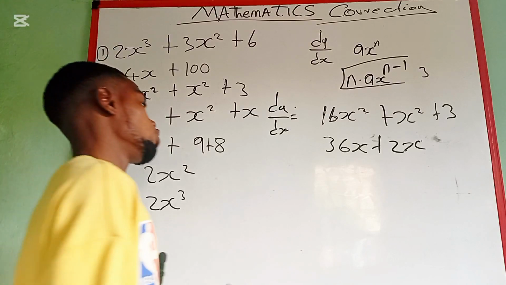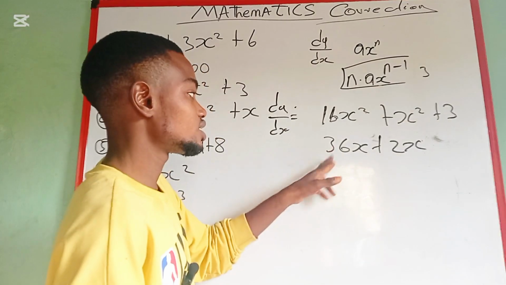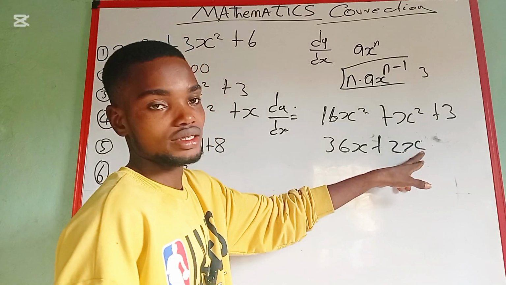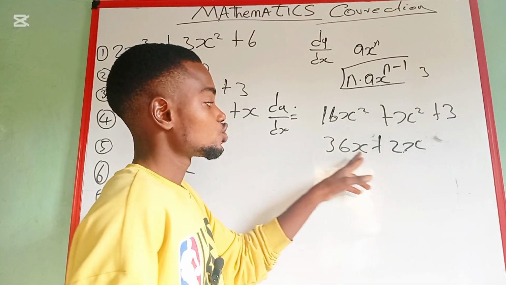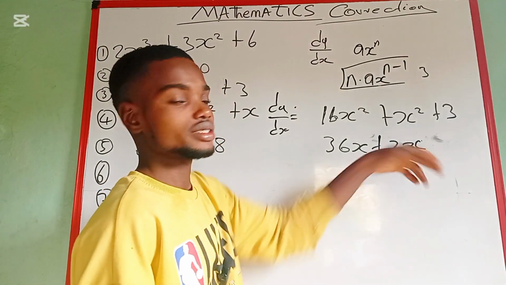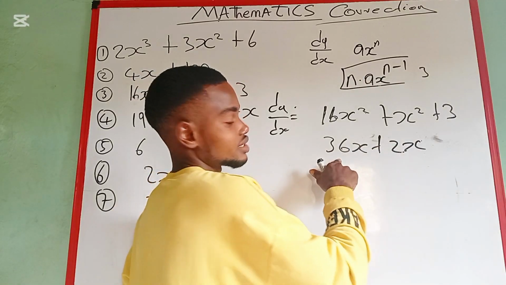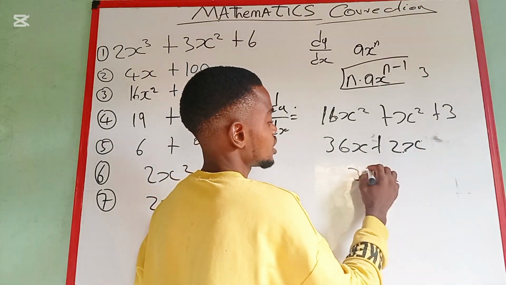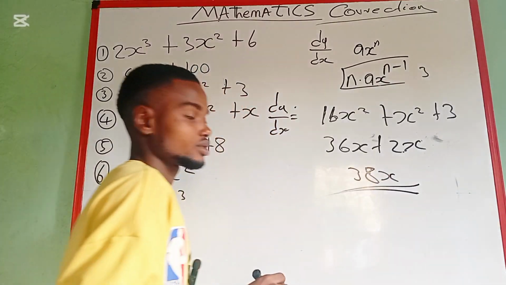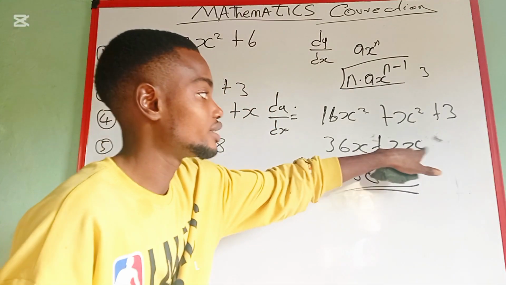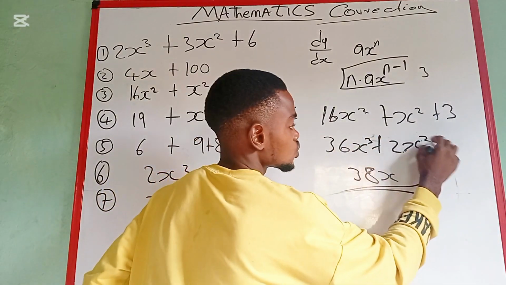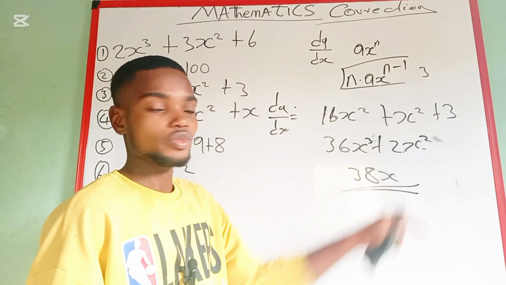Right? But furthermore, you can still simplify because that is 32s and plus 2s. They are the same thing. So 32s plus 2s is going to give us what? 38s. That is the final answer because these two are the same thing. Assuming that this is s cubed and this is s squared, we don't add them together.